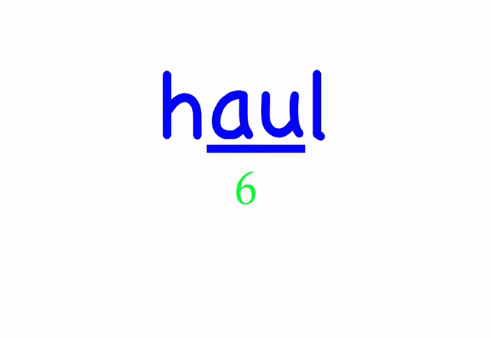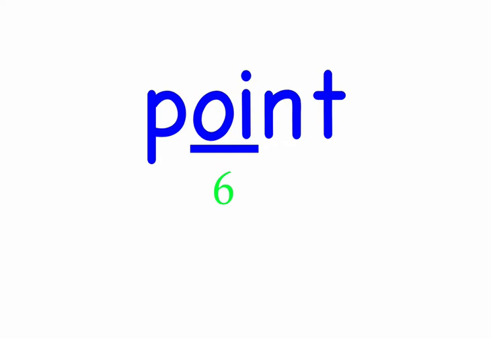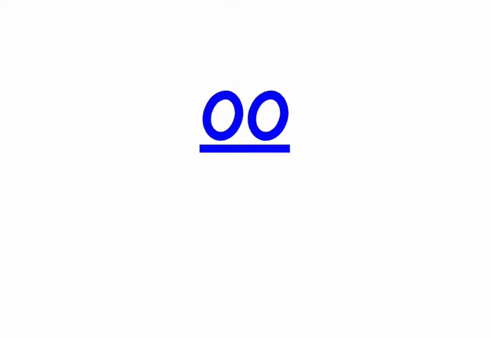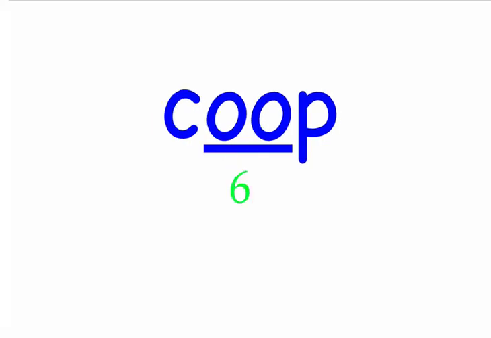Row 3. Point. I will point you in the right direction. Point, 4 sounds: p, oi, n, t. Coop. The chickens flew in the coop. Coop, 3 sounds: k, oo, p. Launch. I will launch the newspaper's first edition tomorrow. Launch, 4 sounds: l, aw, n, ch.